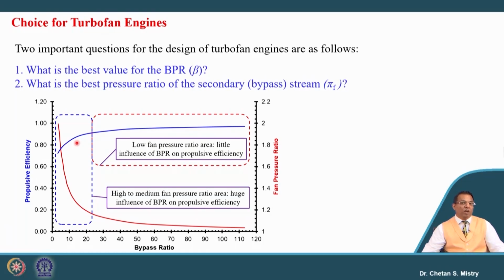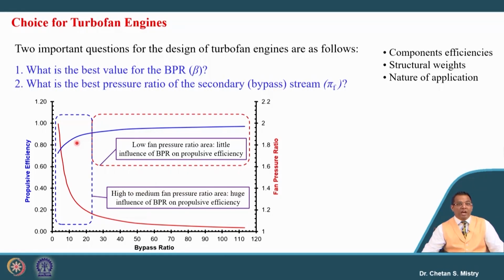So, now it gives us an idea what needs to be the selection criteria for the bypass ratio and for the fan pressure ratio, because these are all related with the component efficiencies. If we move with a larger diameter of the fan or a large casing, that will increase the weight of the engine and the weight of this component also. So, based on our application, we need to decide the bypass ratio as well as the fan pressure ratio.